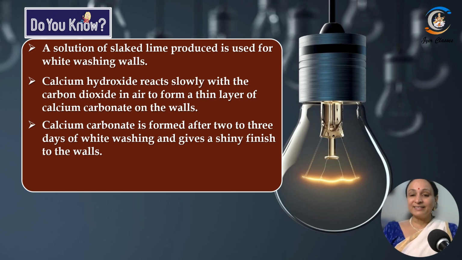The calcium carbonate gives you a shining finish. And you know where calcium carbonate is found more? In nature, you can get calcium carbonate in the form of limestone. And it is also the main component in marble, right? घर में marble की flooring होती है ना, so that is also calcium carbonate, right?